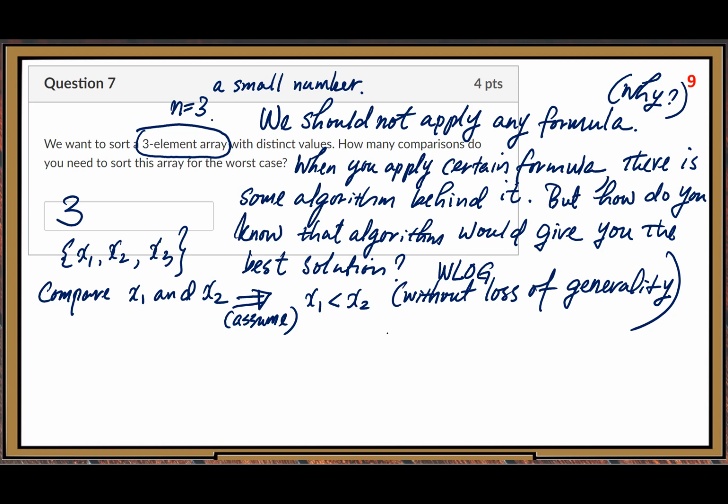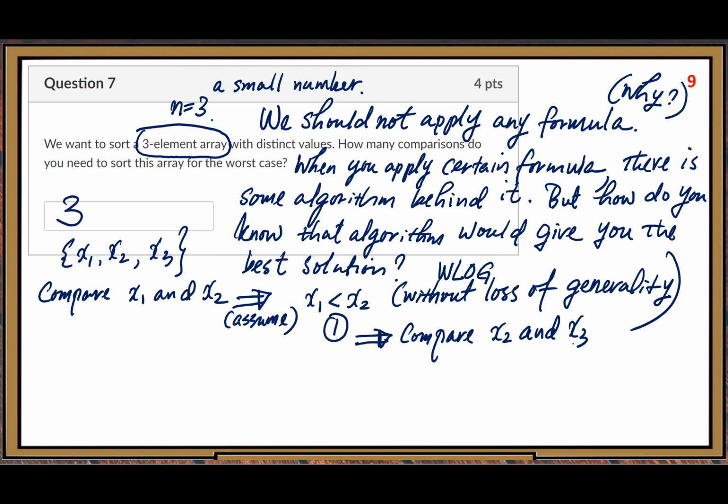All right, so this is the first comparison, comparison number 1. Then you consider comparison number 2. You have different ways, but let's say this. The next step, compare x2 and x3.